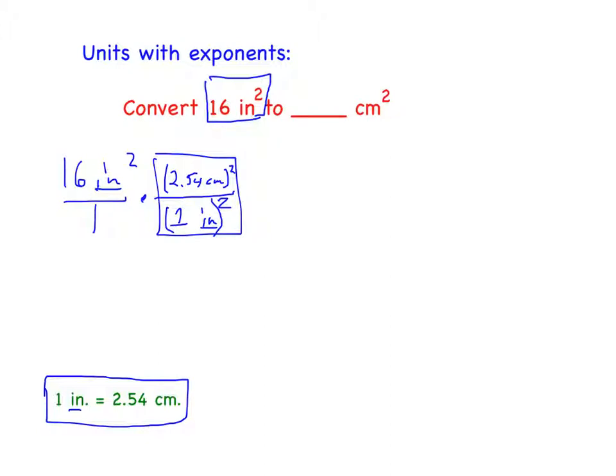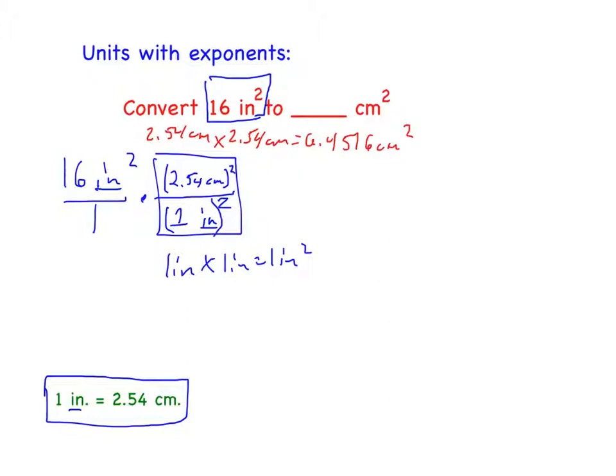And then we just do some math individually here. We know that 1 inch times 1 inch equals 1 inch squared. Okay, and then we come up here on top and we say 2.54 centimeters times 2.54 centimeters equals 6.4516 centimeters squared.